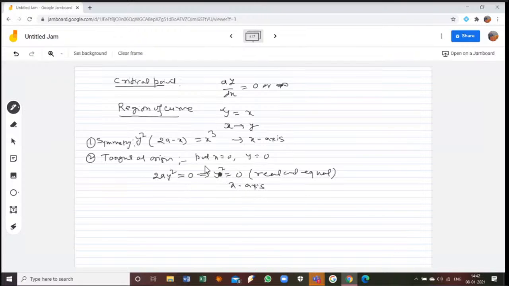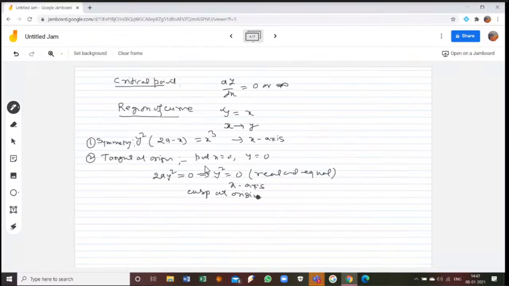This shows that there is a branch at the origin, and by this you make up your mind that the curve will be a cusp at the origin.